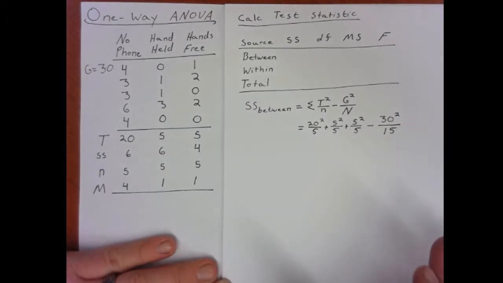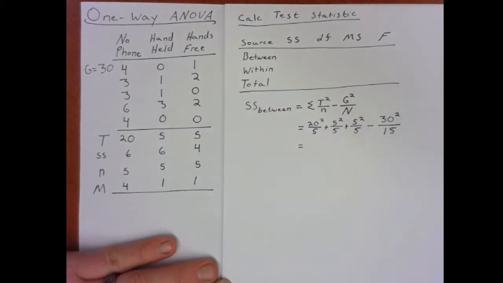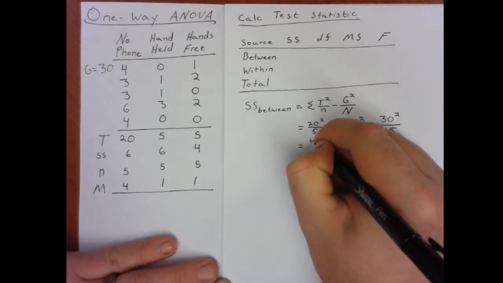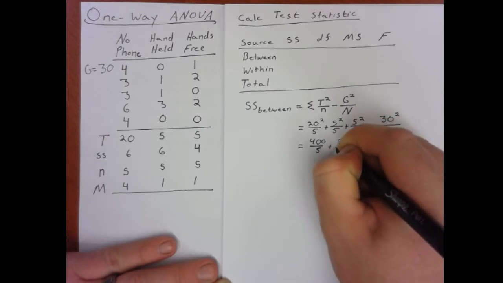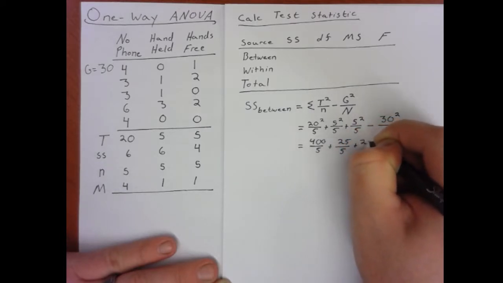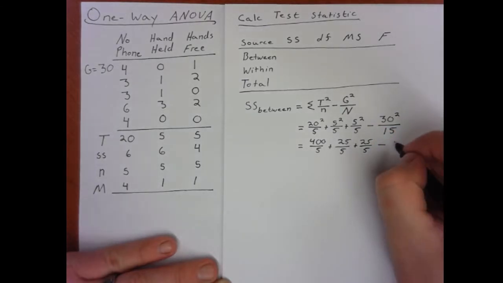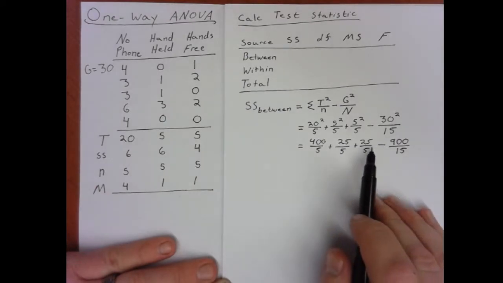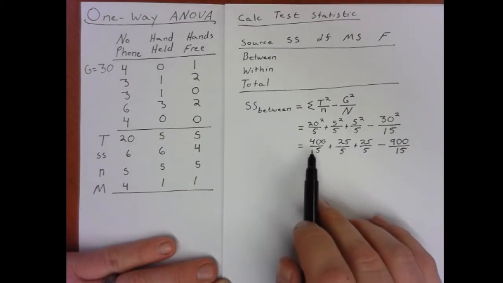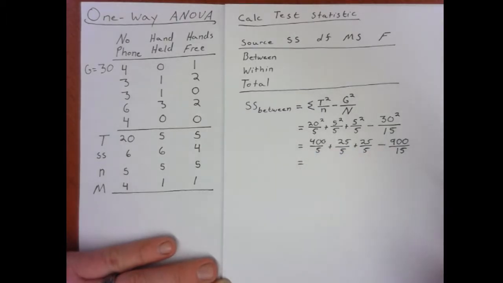Now it's just a simple matter of running out this math. So 20 squared gets us 400 divided by 5 plus 25 divided by 5 plus 25 divided by 5 minus 30 squared, which ends up being 900 divided by 15. Now, you could, at this point, either convert all of these into decimals, or seeing as they all have the same denominator, just add them across. I'm just going to add them across and keep everything as a fraction.